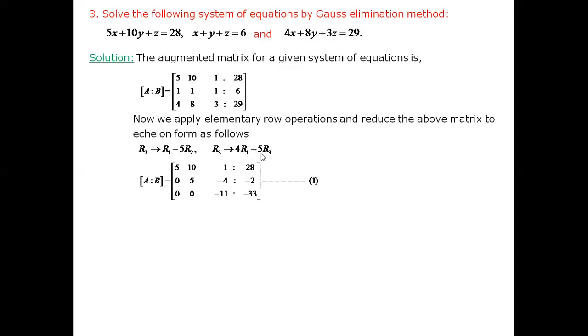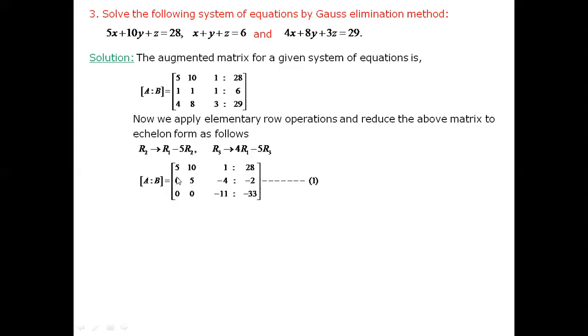So if I use these two transformations, your augmented matrix reduces to this. And here, in the first step itself, when you apply this row transformation, it directly reduces to echelon form. Because if you see this is the principal diagonal, 5, 5, minus 11, and elements below the principal diagonal are already 0.